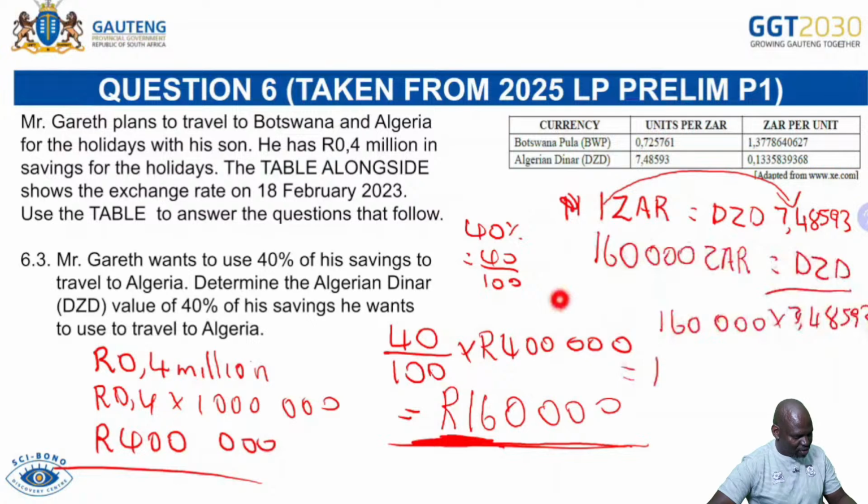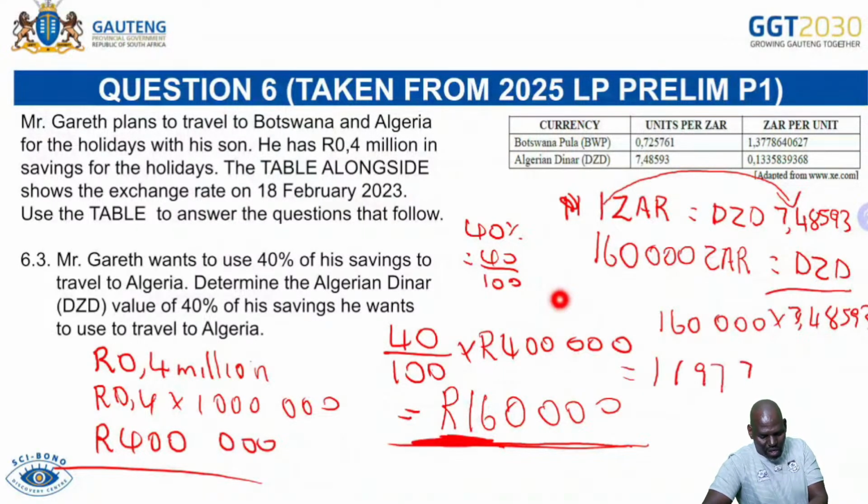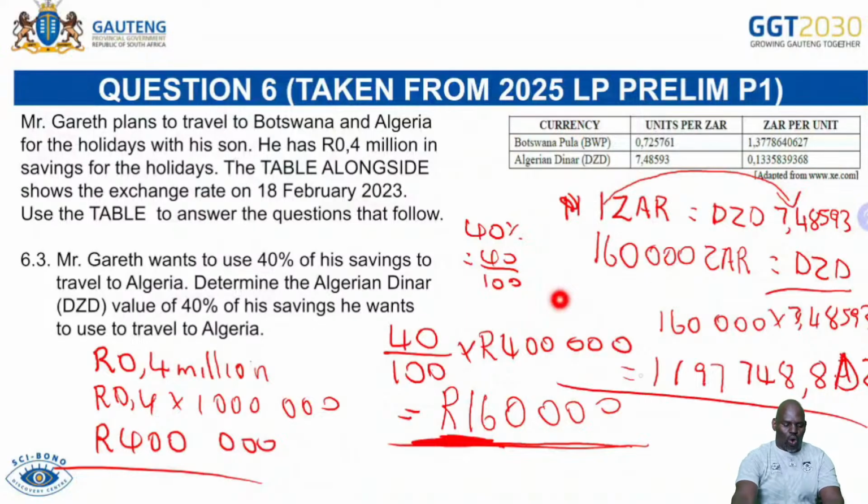1,197,748.8. So that is the amount in Algerian DZD. The answer is 1,197,748.80.